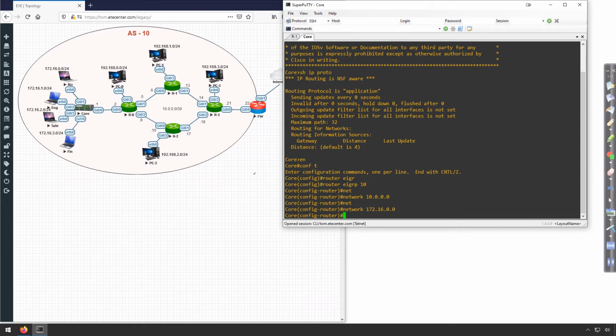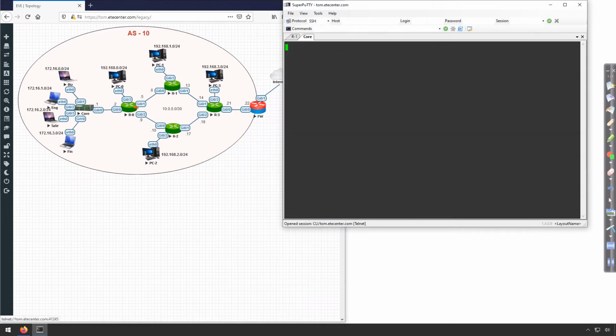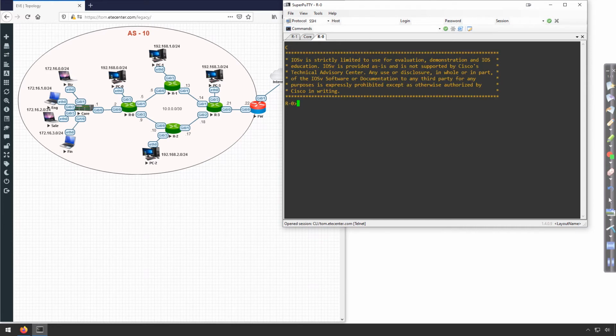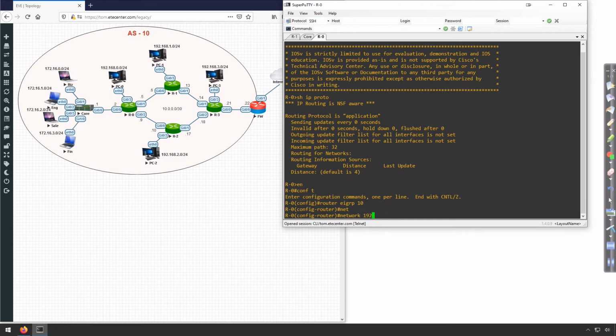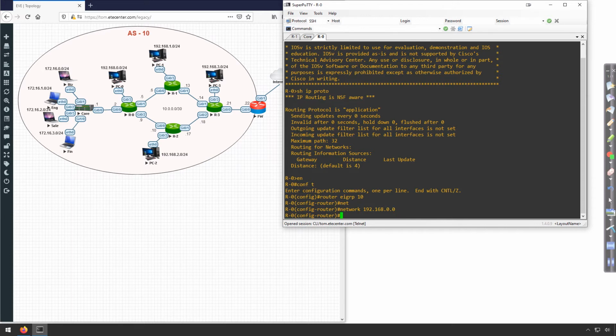So let's go to router 0. Here in router 0, again show ip protocol, and there is none, so let's configure EIGRP. Autonomous system 10. We'll start with the LAN 192.168.0.0 and followed by the 10 network.